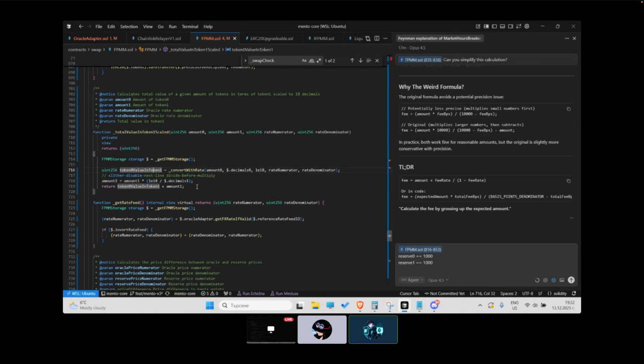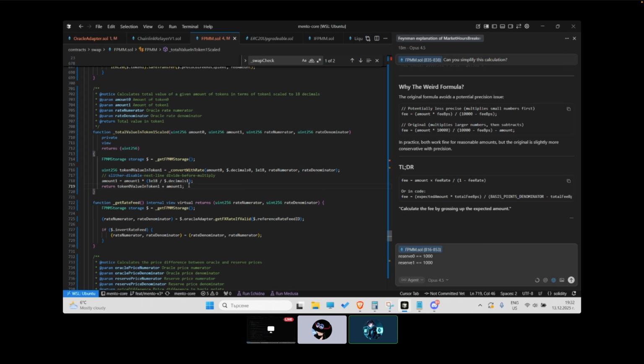Okay, let's just say... oh, wait, this is interesting. This is not Uniswap. This is not x times y equals k. This is x plus y equals k, because they are not multiplying reserve 0 times reserve 1.